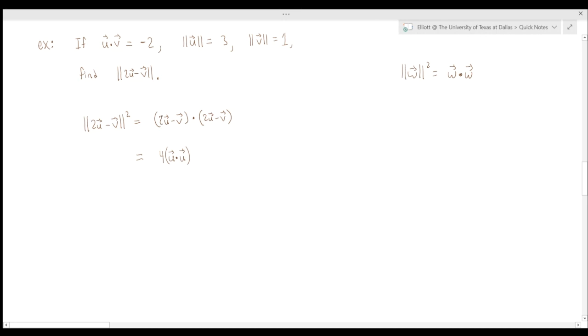And then I'm going to get minus 2 u dot v. Next, we'll get minus, and pull out the 2, so minus 2 v dot u. And then we're going to get at the end plus v dot v. All right, so I basically just FOILed it out.